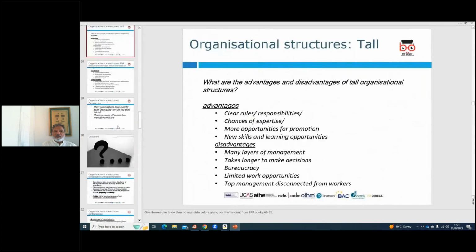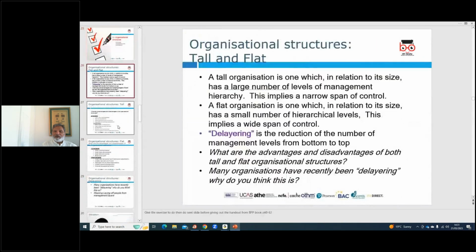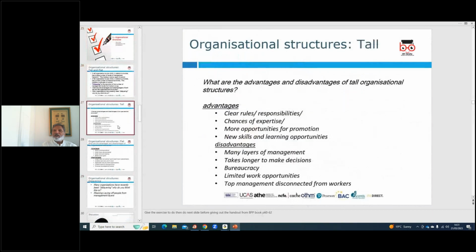The more layers of management in an organization, the taller the organization. What are the advantages of a tall organization? It's a clear structure, very clear responsibilities, and the people are experts in their own areas.